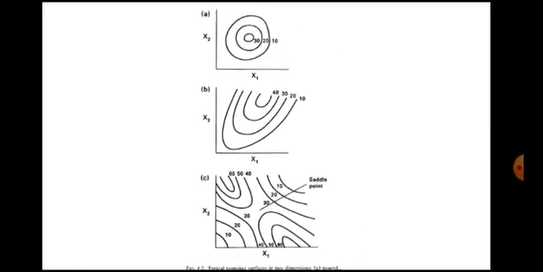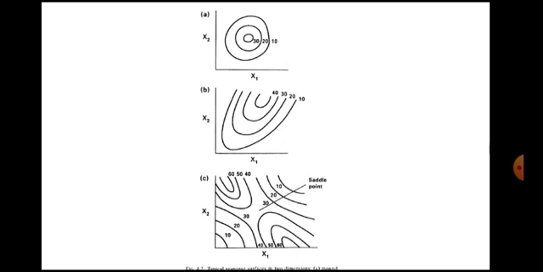Here you can see the responses in two dimensions, where at the center we can see 30, where the maximum response is generated, and that will be the area of further optimization. In figure B we can see the maximum is 40, that will be the area of further optimization of our x1 variable and x2 variable.